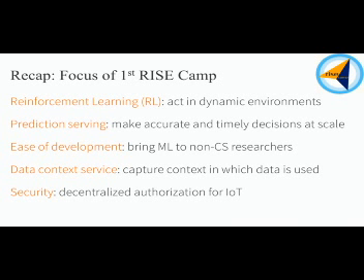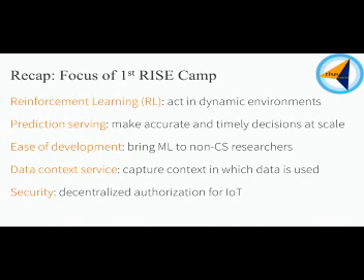To recap, the focus of our inaugural RISECamp is the following. The first is reinforcement learning. It gives us the ability to make decisions and act in a dynamic environment quickly. The second is prediction serving. It enables accurate and timely decisions at scale. Third is ease of development, basically making the cloud easier to use for non-computer science domain experts.